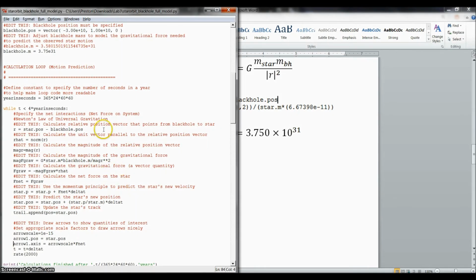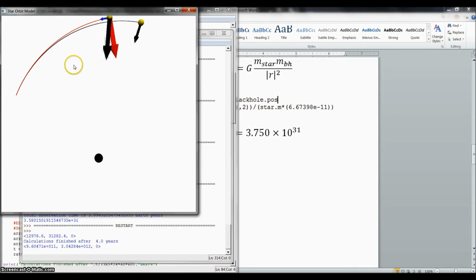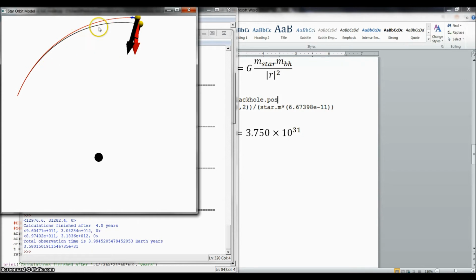So now I'm going to show you the model that I created by plugging the mass of the black hole that we solved for here into an iterative calculation, which calculates how the star moves around the black hole by calculating the force of gravity on it at each point. When I run it and plot it against the position data, which is given in red, my model is given in black, we see that it's a little bit inaccurate.